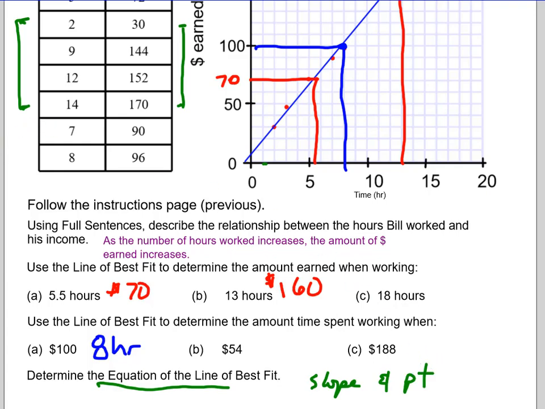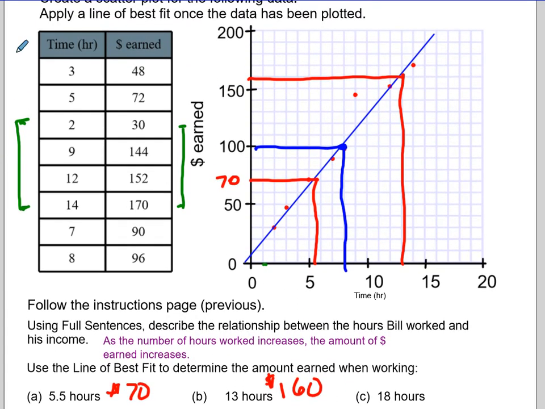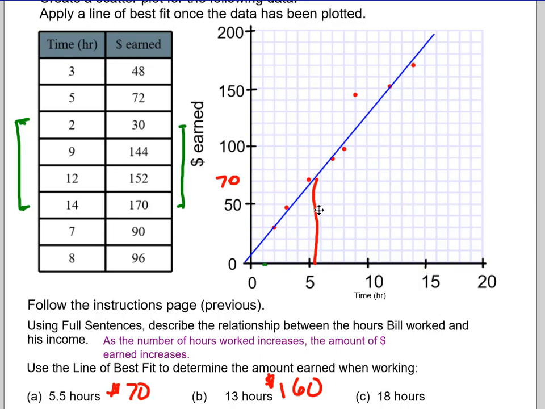So if I go back to my graph for a second here, I'm going to ignore my data points. I'm going to get rid of some of these so I can see a little clearer. I'm only going to try and find really easy spots to read off the line of best fit I've chosen.